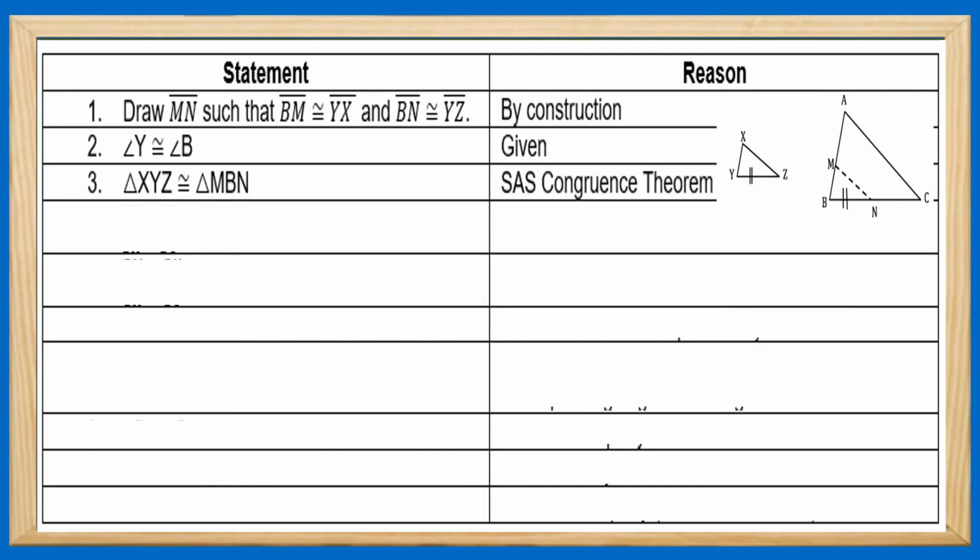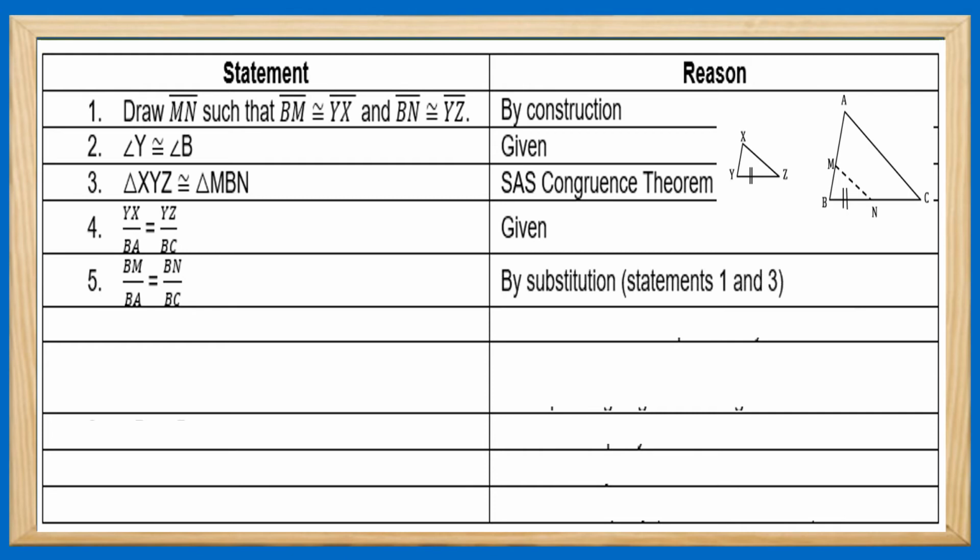That is by SAS congruence. Then we can say that YX is to BA is equal to YZ is to BC. That is given. We have BM is to BA is equal to BN is to BC. That is by substitution using statements 1 and 3.